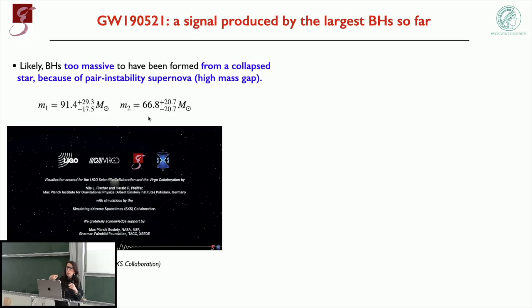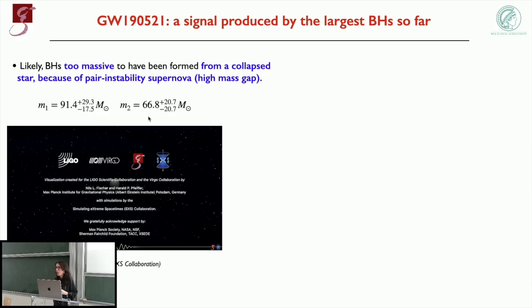And at some point, this process becomes a reaction, and you don't have any more the photon pressure that counterbalances the attraction force of the gravitational field. And so the star just collapses, leaving no remnant. And so you should not form black holes with these masses.